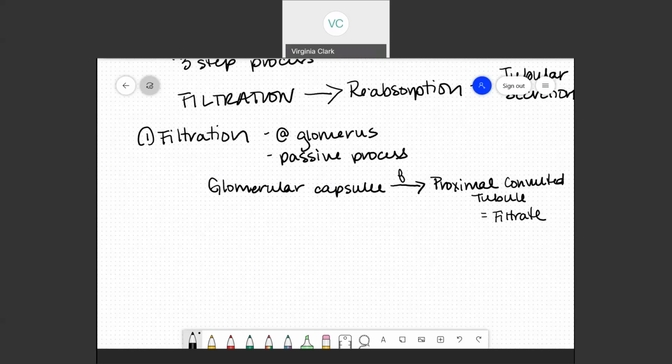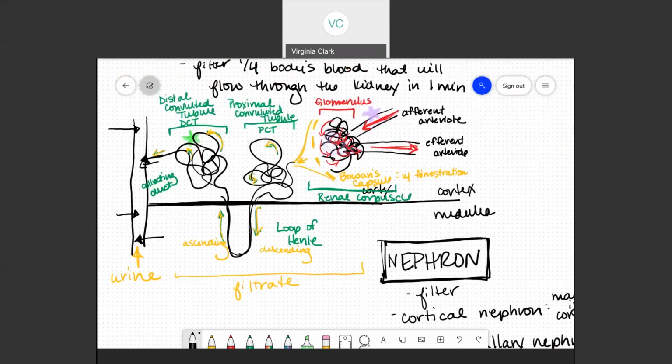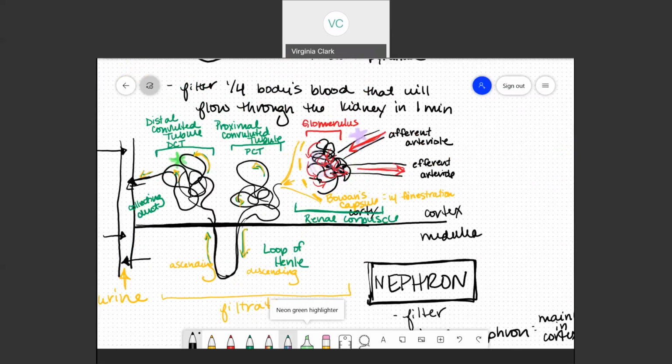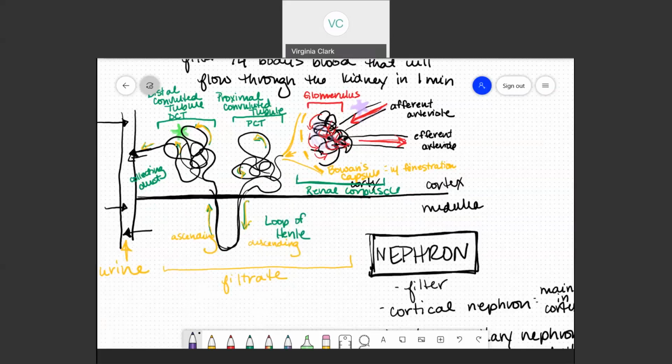So we have filtered. So all the way back up here, what we're saying is the glomerulus, this part right here on this nephron, where we had the afferent arteriole coming into our glomerulus and out, this is going to be the process of filtration.